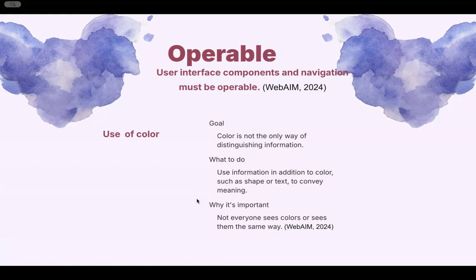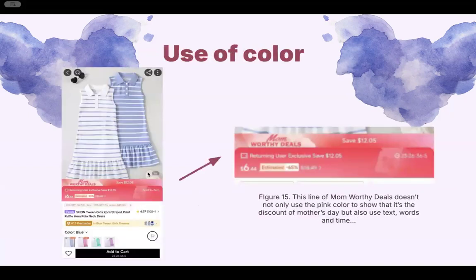This is very important because not everyone sees colors the same way. Here we have the pink color, but we are not only using pink, but also text and icons like the clear discounts to show that we have the Mother's Day discount. If we only used pink, we would not know that it represents the Mother's Day discount.